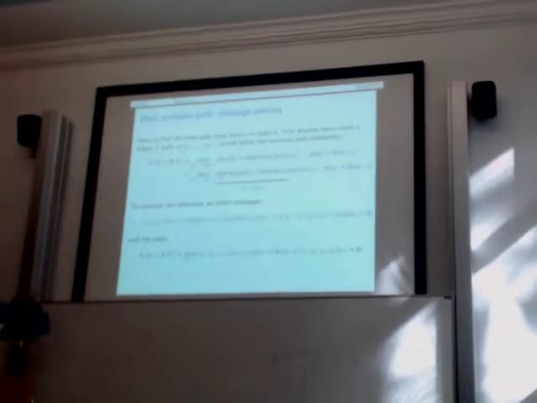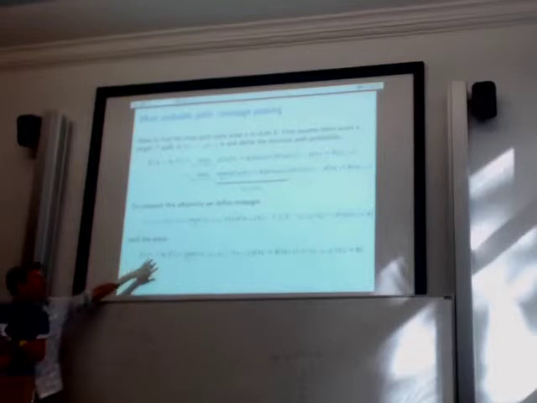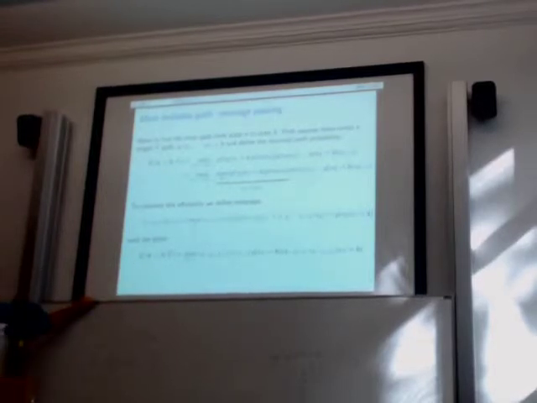So this is nice, right? I've computed this most likely path, the t-length path, in linear time, so that's good.